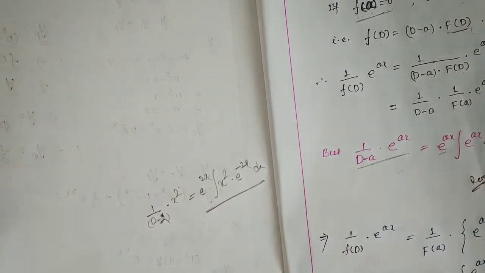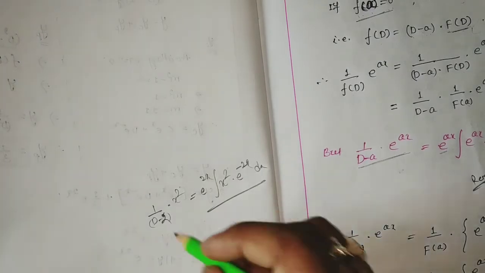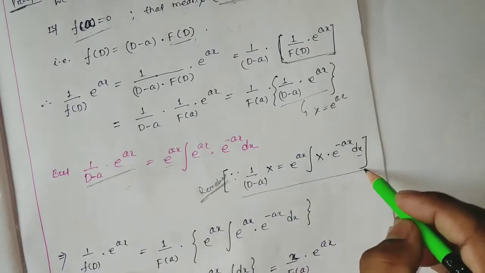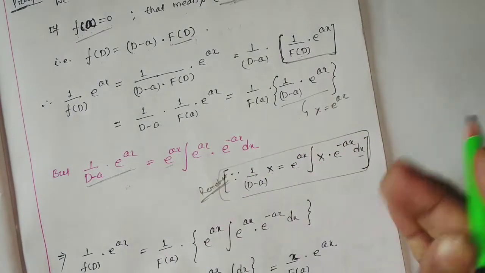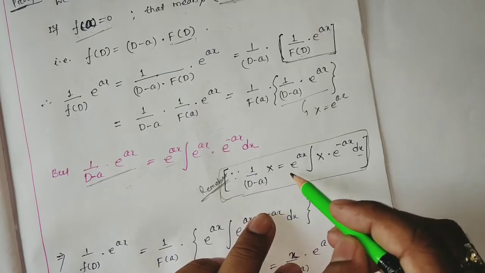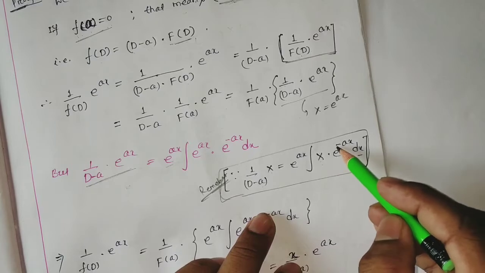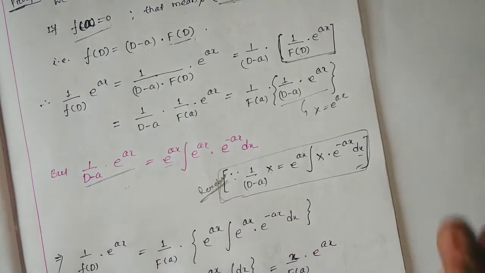Like this we have to write, and this expression you have to remember. Later on I will prove how 1 by (D minus a) into X equals e to the power ax integration of X e to the power minus ax dx.